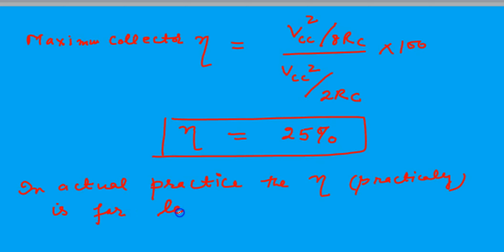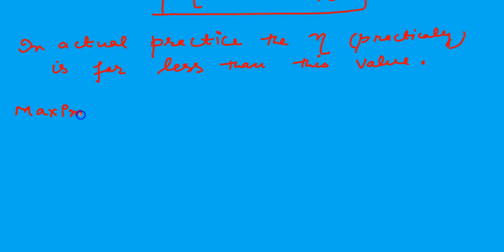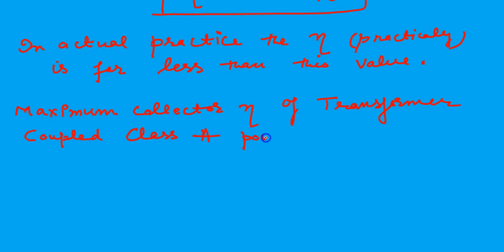So this is the reason that this class A operation is very rarely used. Now we look at what the maximum collector efficiency is if a transformer coupling is used at the collector side.